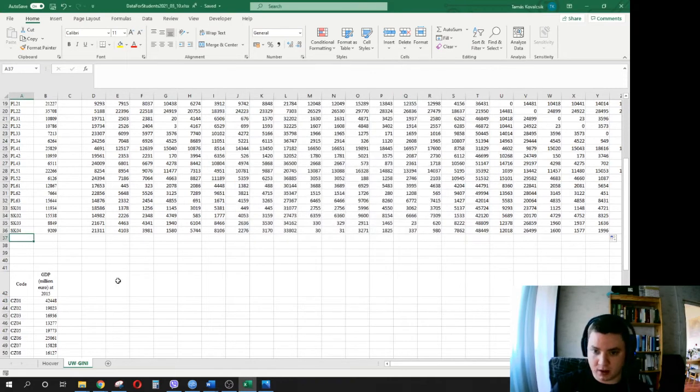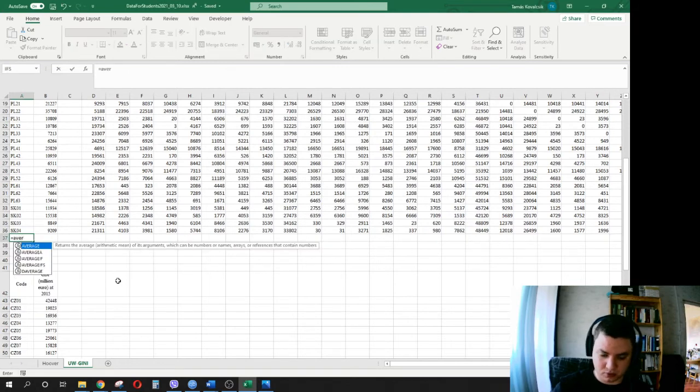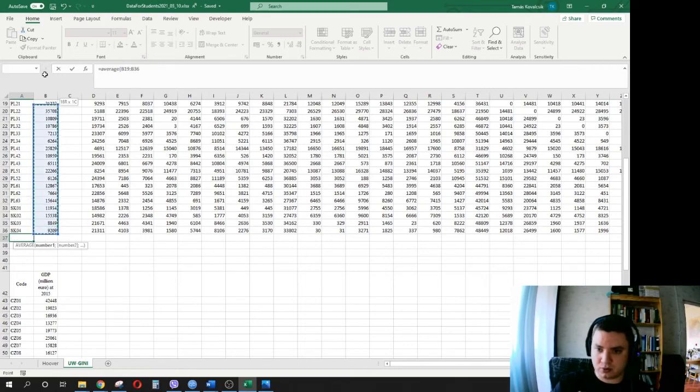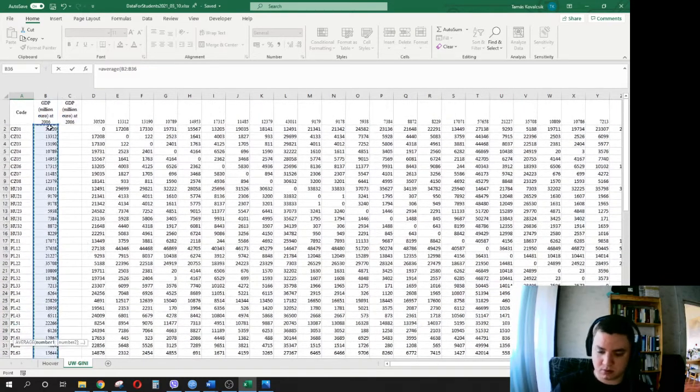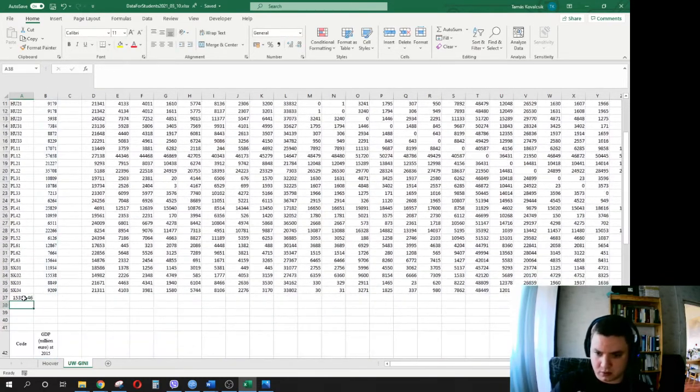So we have to calculate the average, and after that we can calculate the Gini as well.